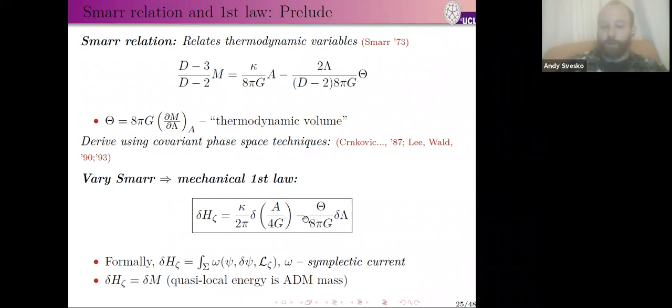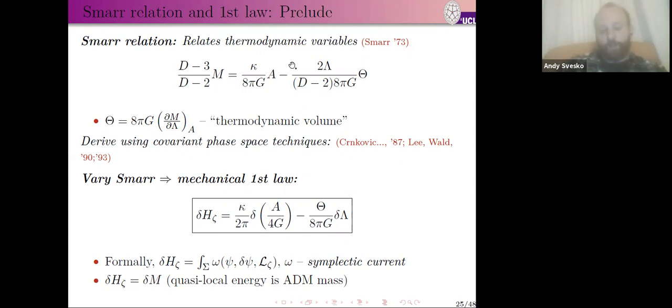So here's the mechanical first law that comes from performing variations on the Smarr relation. This delta H is formally given in terms of what's known as the symplectic current in covariant phase space language. And you can show that delta H is really delta M, because H zeta here is the Hamiltonian that's due to the generator zeta, and it's equal to the quasi-local energy, which you can identify as the ADM mass.